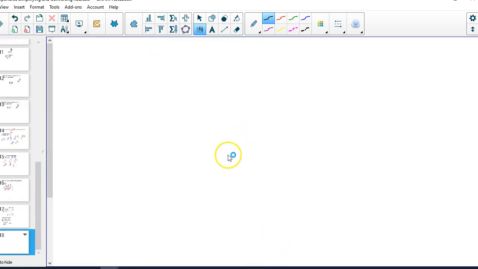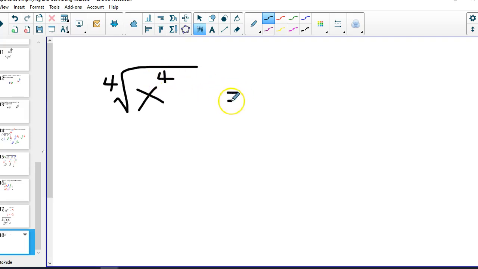So let's say that we're looking to take the fourth root of x to the fourth power. And we'll make this equal to, let's say, 3. Similar to our square root, whenever this power is even, right here, all my answers that come out, there's going to be a positive and a negative version of it.